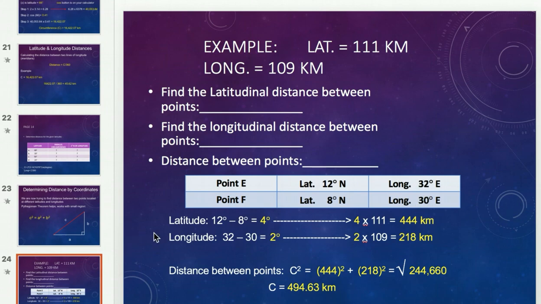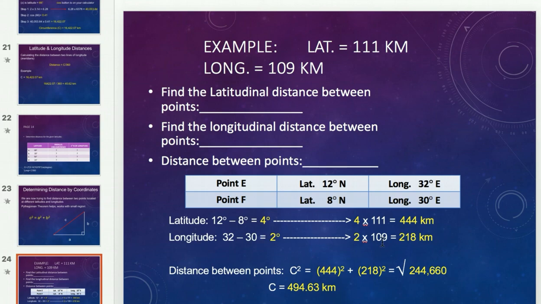So we've got 4 here and 2 here. Then you multiply them by your distance in degrees. So 4 times 111 equals 444, and make sure you put kilometers.